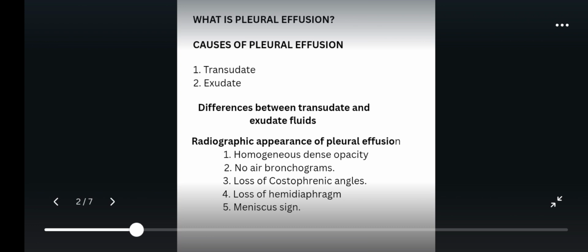So this transudate is a thin watery fluid with low protein content, typically caused by imbalance in hydrostatic and oncotic pressure within the capillaries, that is the blood vessels, leading to fluid being forced out of the vessels.